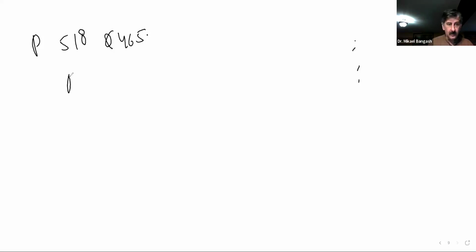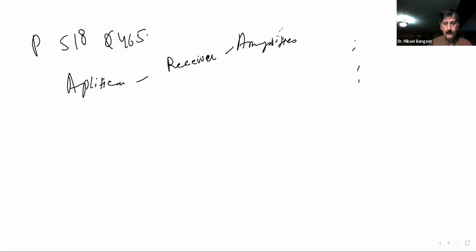Now some of you ask, why is the amplifier the answer? The amplifier here is mainly related to the receiver, because what does the receiver do? It amplifies, right? Clear?